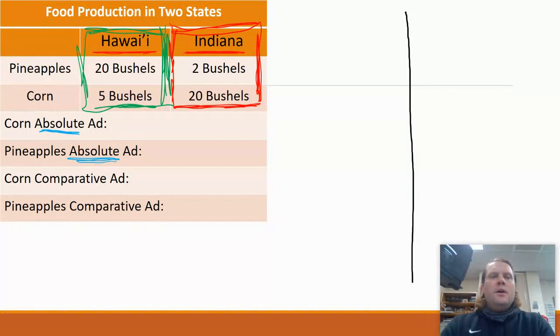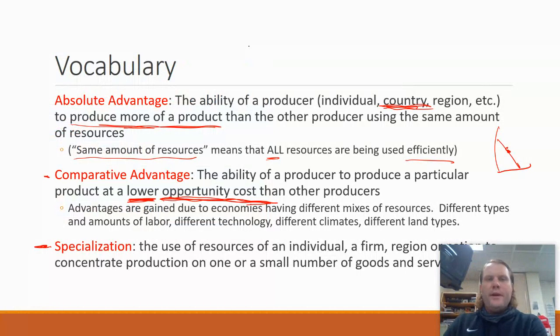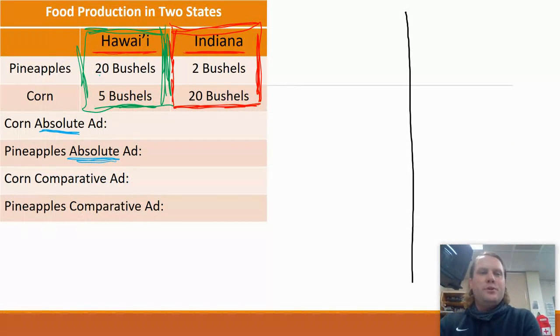If I'm Indiana, I can produce 2 bushels of pineapples. If I'm Hawaii, I can produce 20 bushels of pineapples. Remember, using all of our resources. Who can produce more? Absolute advantage means more product than the other. That's pretty straightforward.